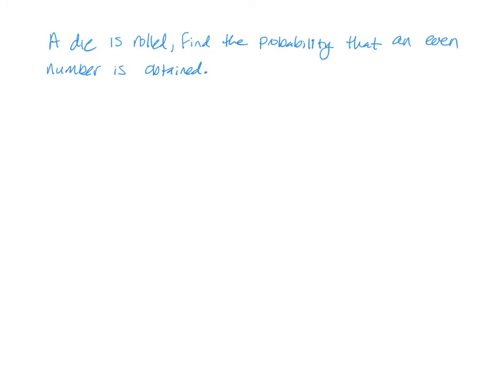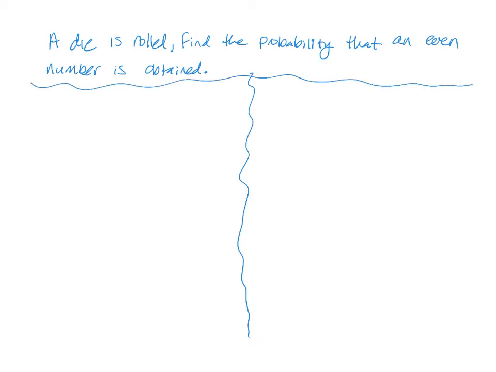Okay, for an example, if we roll a die, I want to find the probability that an even number is obtained. I can do this two ways. I'm going to do it by writing out the whole sample space, and I'm going to do it with the shortcut. The sample space, which I often shorthand SS, all the possible outcomes are 1, 2, 3, 4, 5, and 6.